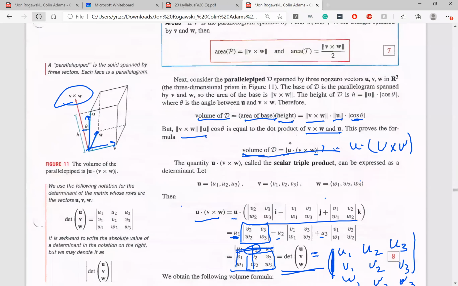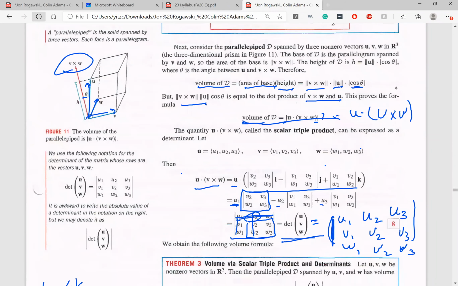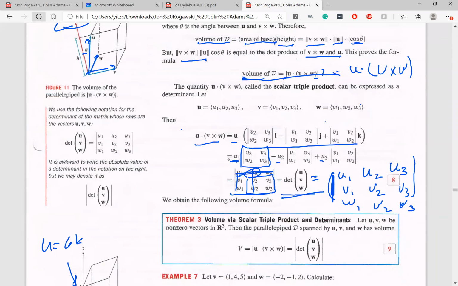Know what the scalar triple product is. You don't have to know anything about it other than it can be used to find the volume of a parallelepiped. So you actually don't have to remember it, and you can just do what we said, that it's equal to the determinant of those three vectors for the parallelepiped.